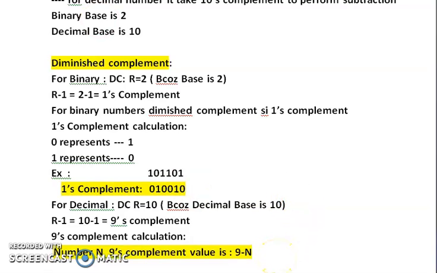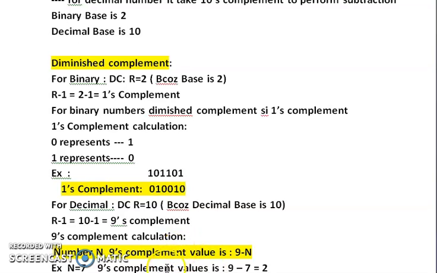So you can take an example. For example, n equal to 7. What is the 9's complement? The 9's complement value is 9 minus 7. 9 minus 7 is equal to 2.